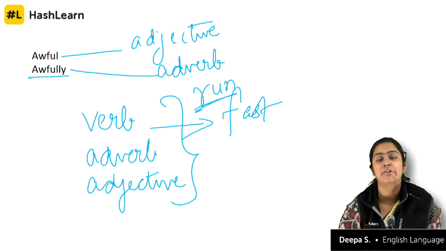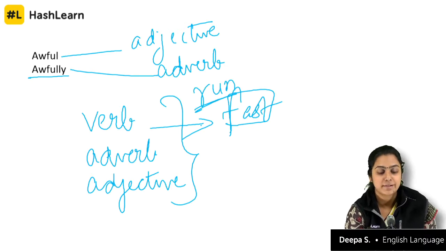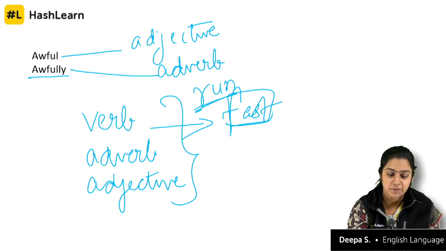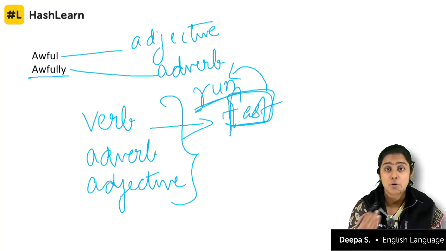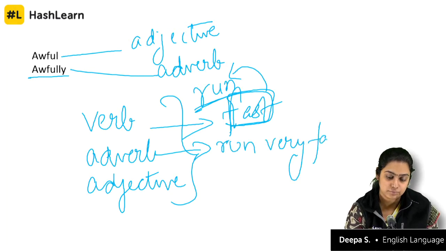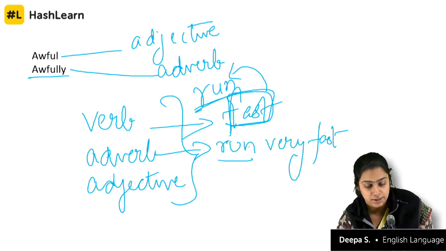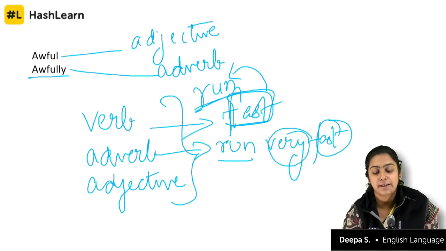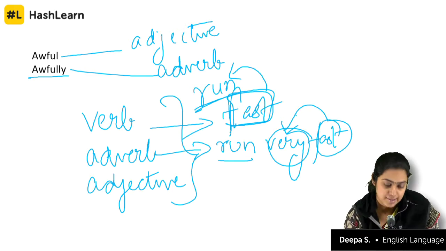When I run fast. Fast is an adverb, correct? In this case, this fast is associated with a verb. How do I run? I run very fast. Okay, in this case, run is the verb, fast is the adverb, very is something that is intensifying the adverb that is already present.